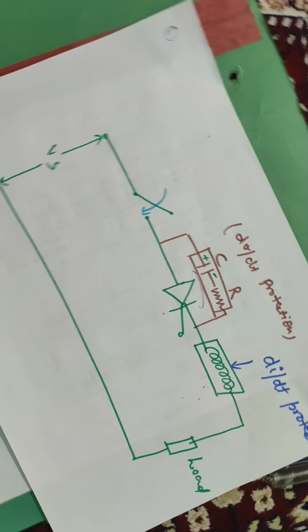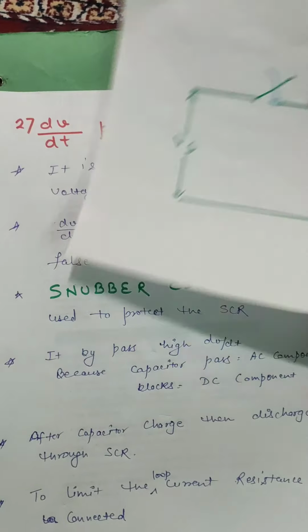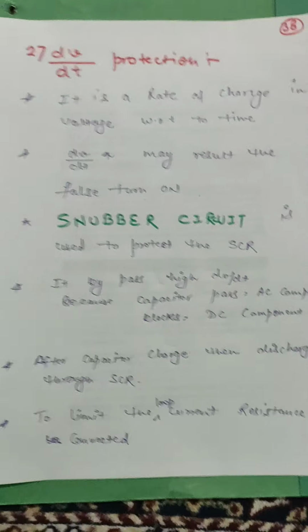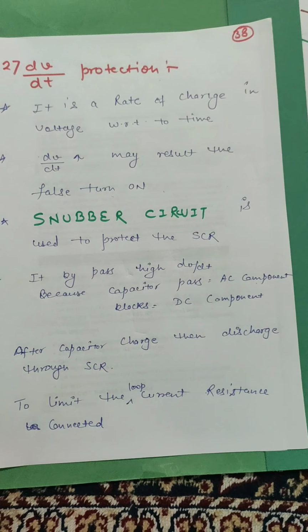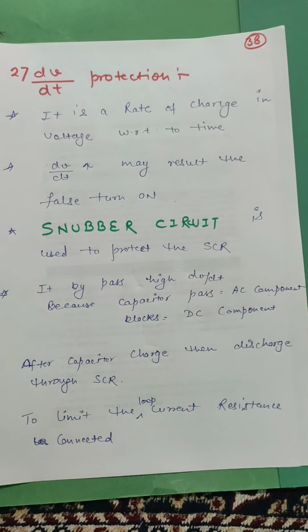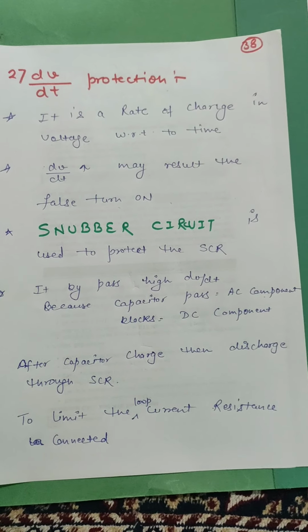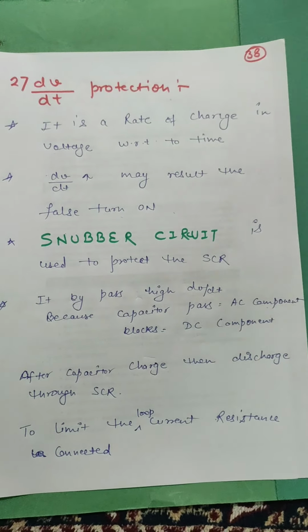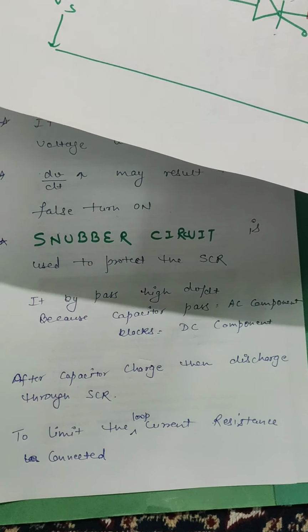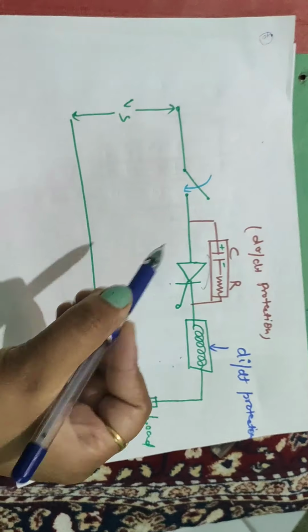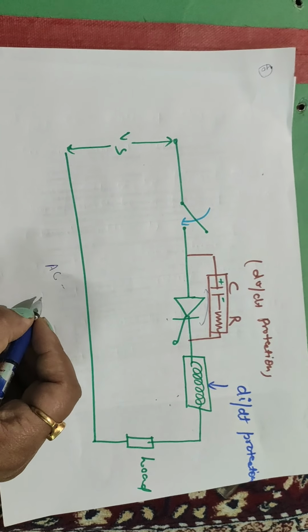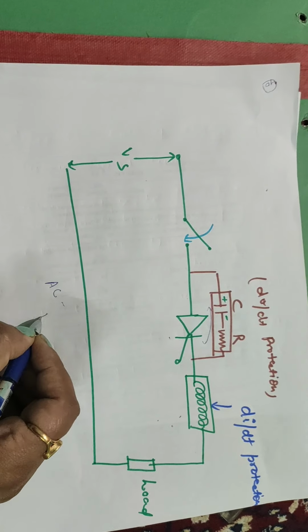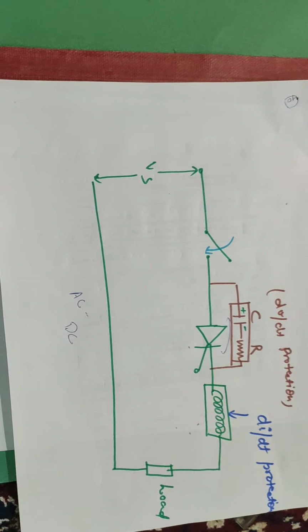Snubber circuit is basically a series combination of capacitor and resistor. It is used to bypass high dv by dt, because a capacitor passes the AC component and the DC component will be blocked by the capacitor.